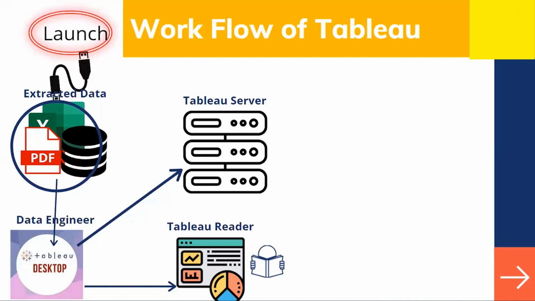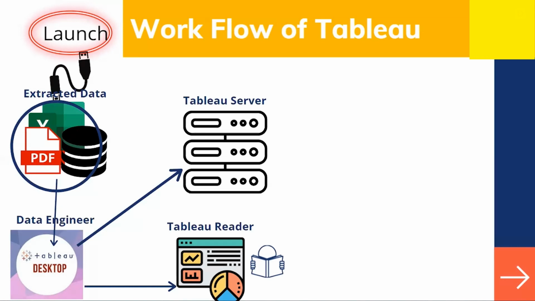First of all, you open your Tableau. You will have Tableau Desktop, where you have installed Tableau on your local machine. You just double click on that shortcut to open Tableau Desktop. Once you have opened that, this is what you call launching.